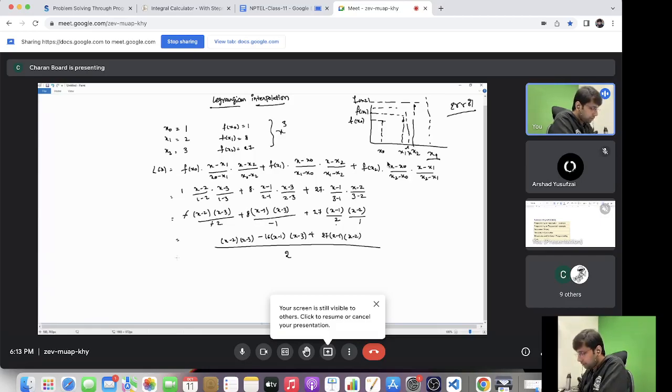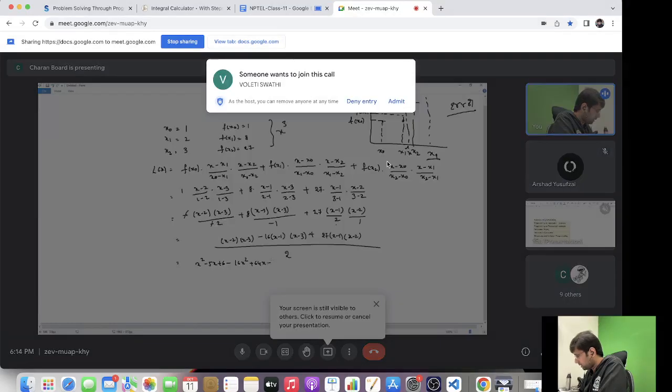So now we will try to solve this. So x square minus 5x plus 6, minus 16x square plus 64x, plus 3 ones are 3, then 16 times 3 is 48, then plus 27x square minus 81x plus 54, whole divided by 2.